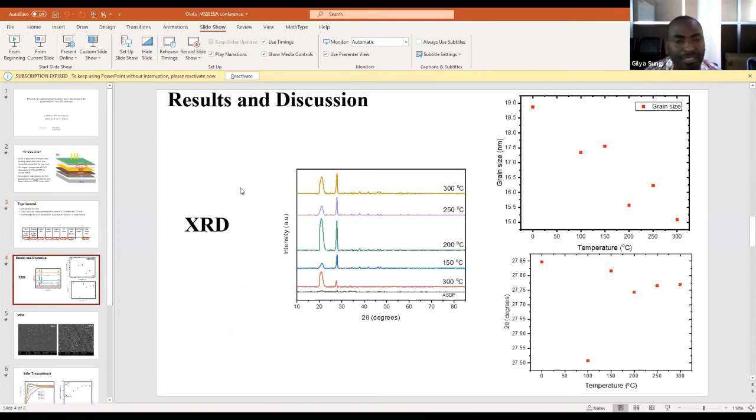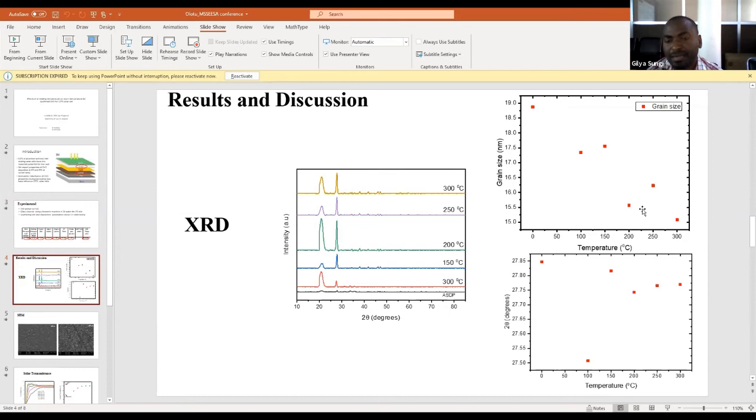Here I'm presenting the XRD results. We have not yet indexed the peaks, but we saw that there is a general decrease of the grain size with increasing temperature.